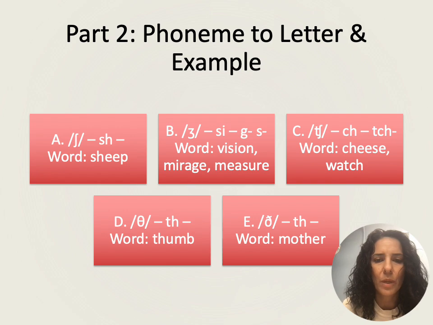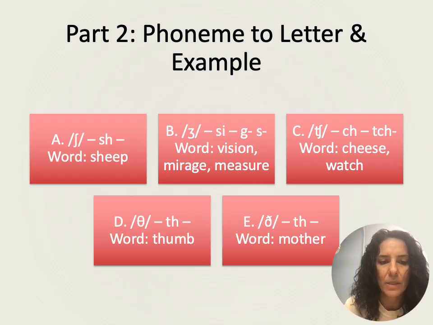So right here, phoneme to letter and the example. We have that phonemes can be represented by different letters or different combinations. The first one, you gave us the sh, so we have the word sheep.